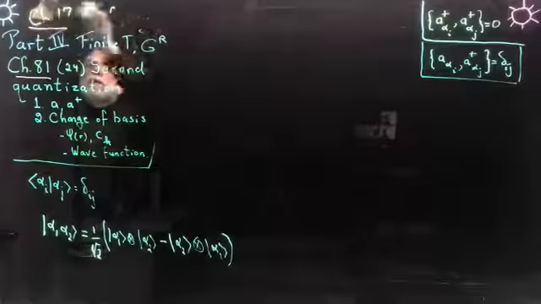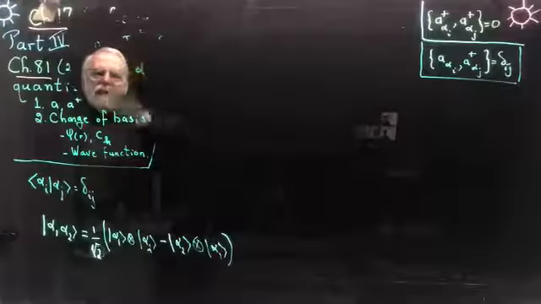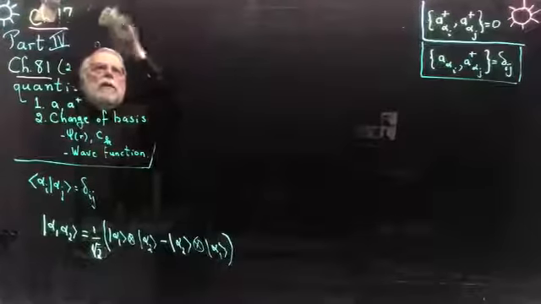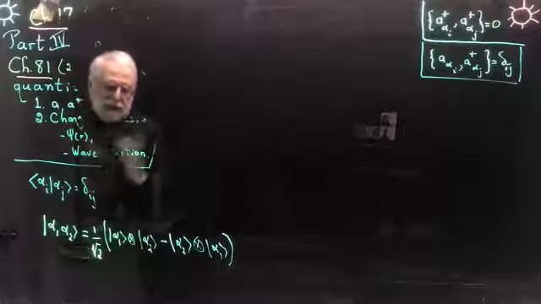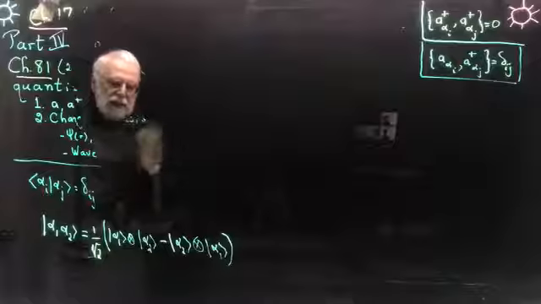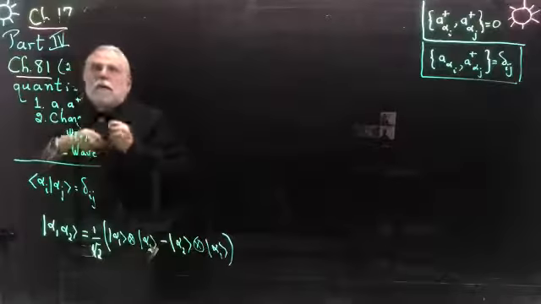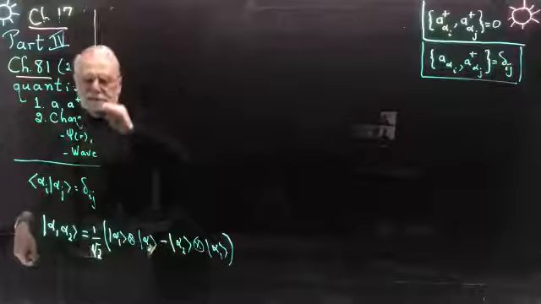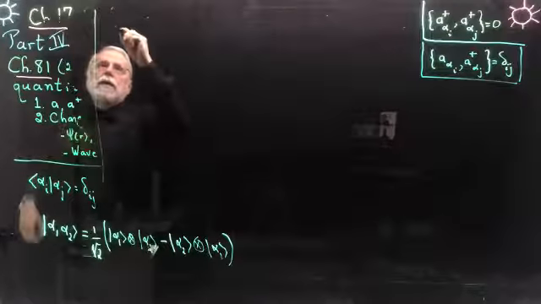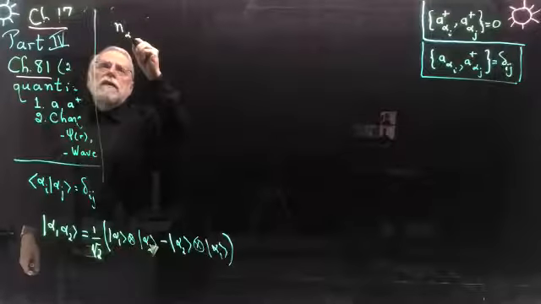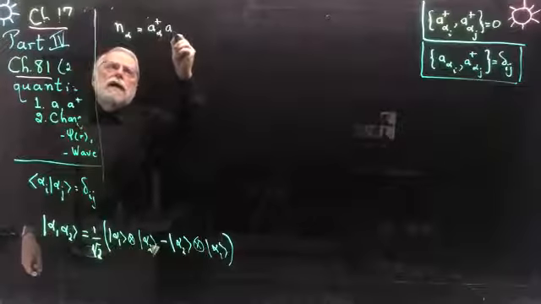Okay, so what about the number operator? Well, anyway, I won't have time to use all this space now. But let me make a little bit of space. Okay. So I define the number operator n(alpha) as A dagger(alpha) A(alpha).